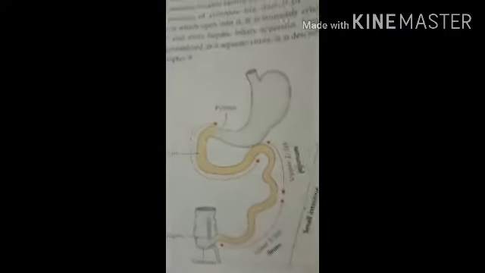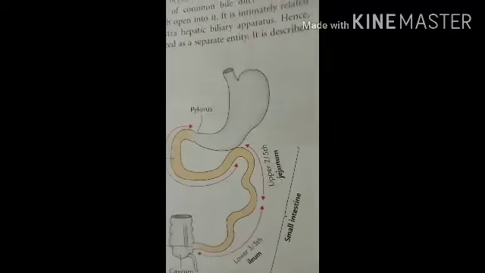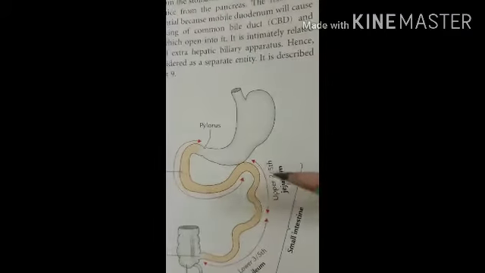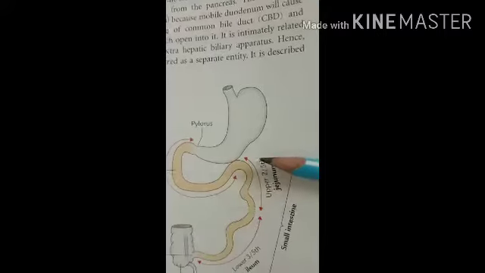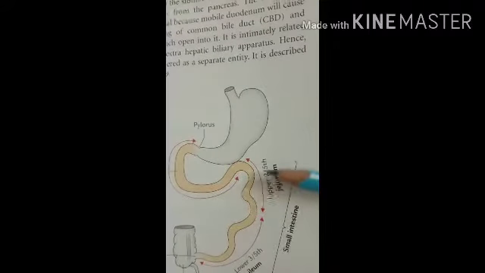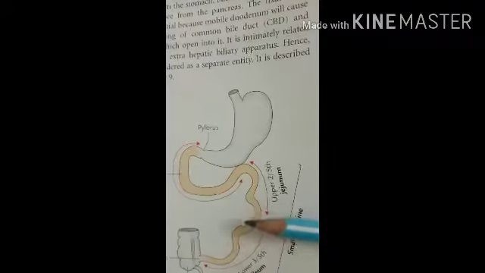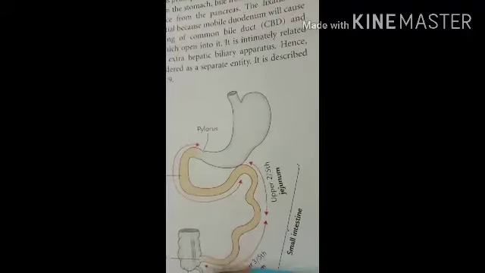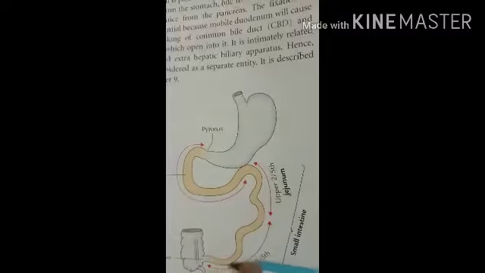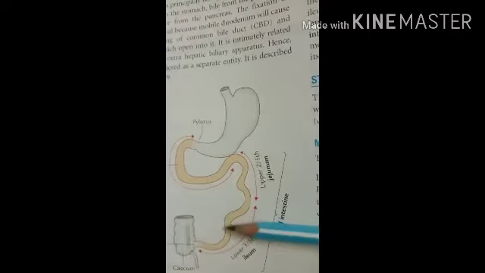Okay, so the first point is the location. The jejunum occupies the upper and left part of the intestinal area. Here you can see. And the ileum occupies the lower and right part of the intestinal area. So here you can see.